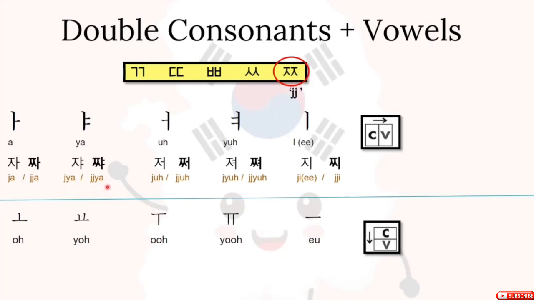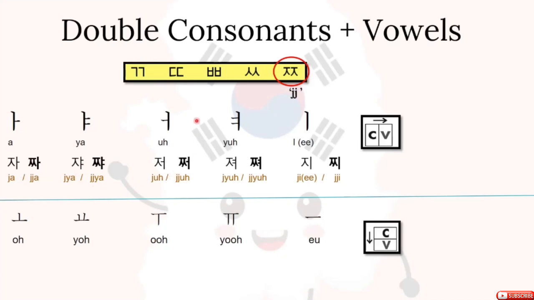Then it's like, oh, so you're saying the 자 or 자. Okay, so one more time. 자, 자, 자. Think of it as a little shorter. 자 has that Y sound.